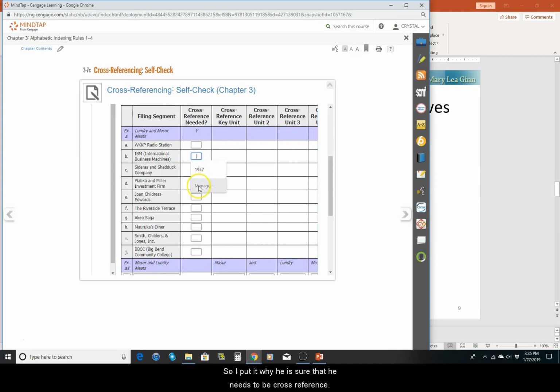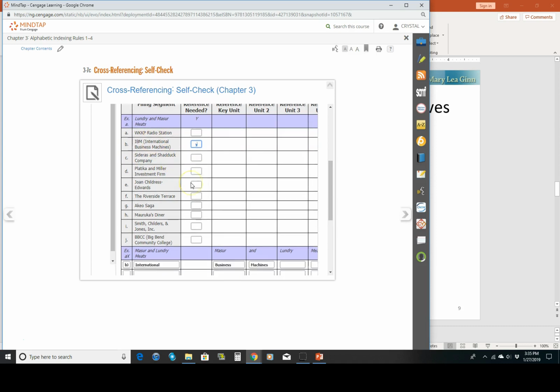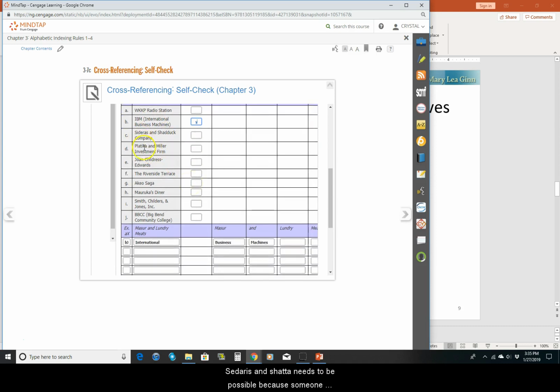So I put a Y here to show that this one needs to be cross-referenced. Sedaris and Shattuck needs to be cross-referenced because someone may look for it under Shattuck instead of Sedaris. So this is C. C needs a cross-reference, so I put CX, and I put the alternate name, which in this case someone may look for the second partner first.